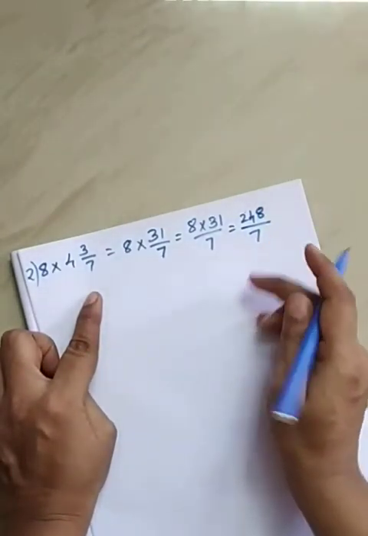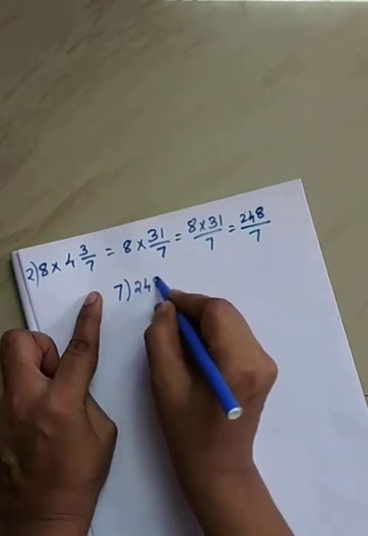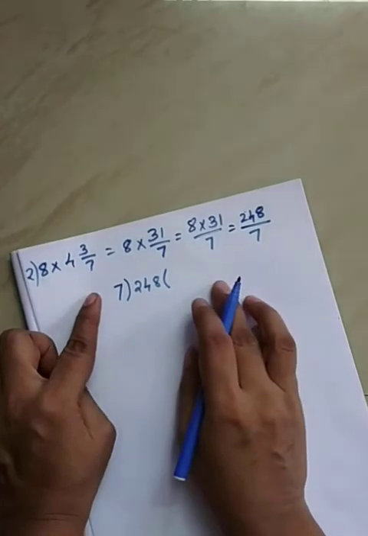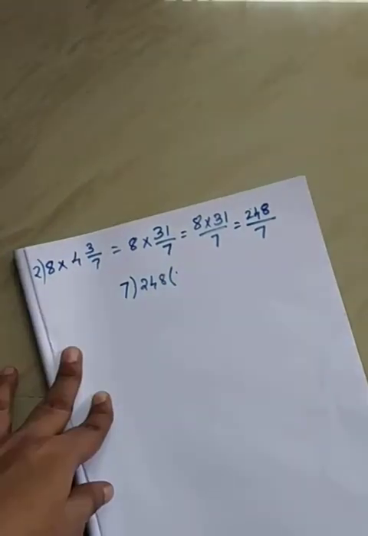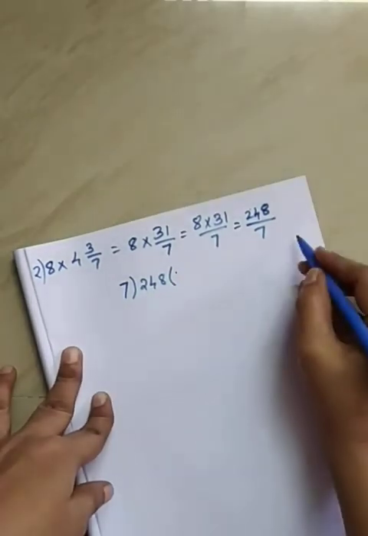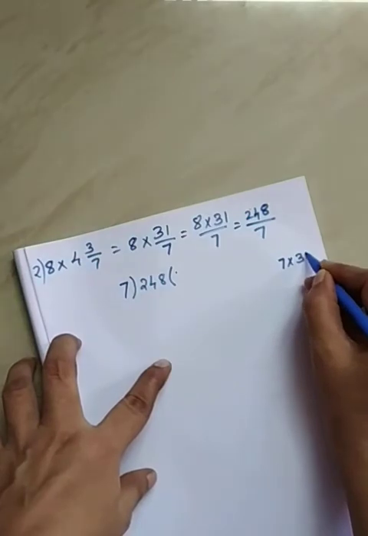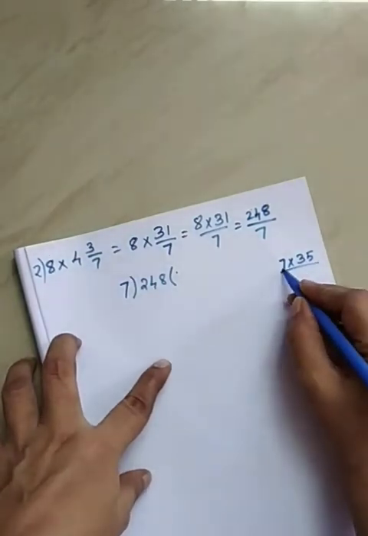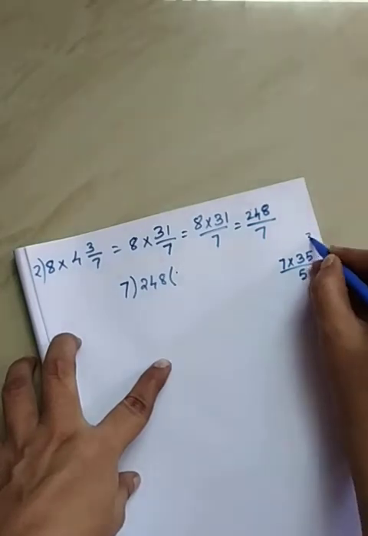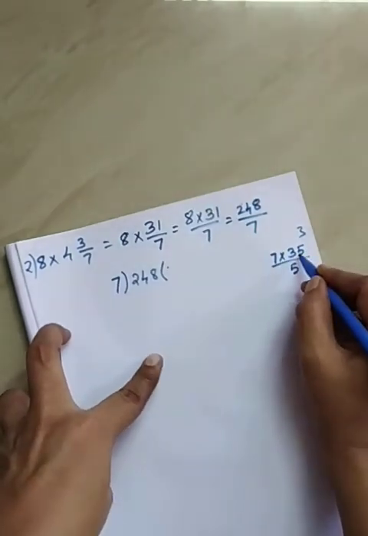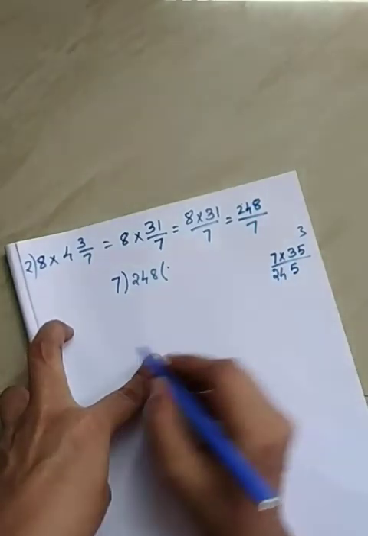Now you have to simplify this one. 7 into 248. See, now see, 7 into 35 means 7 5s are 35. 3 7 3s are 21. 245.